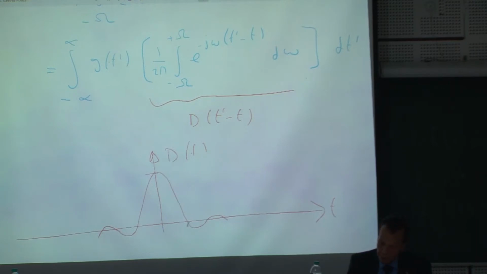And we have the first zero here is when capital omega times t is equal pi. So we will have here, this is pi over capital omega. Here it is twice pi over capital omega. Here we have 0, minus pi over capital omega, and so on. So this is actually the d of t dash minus t.